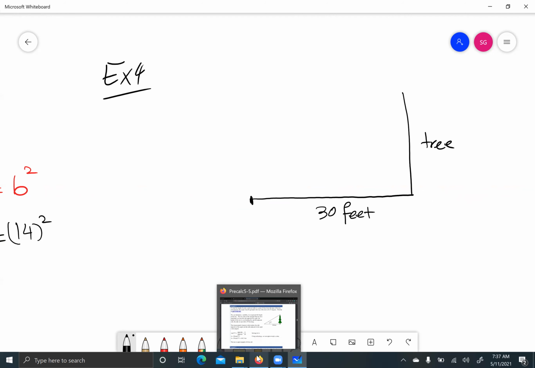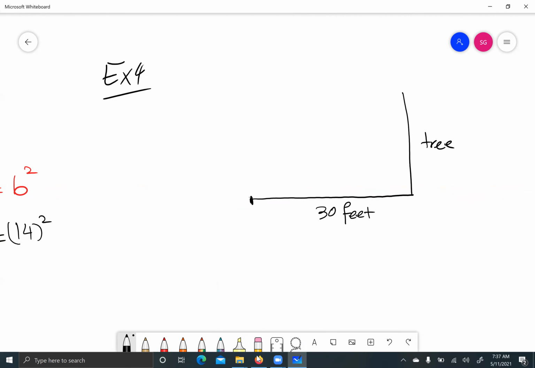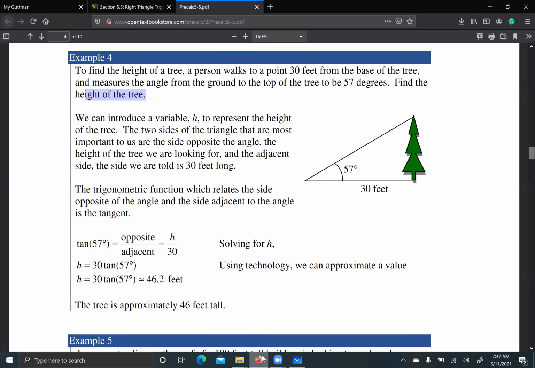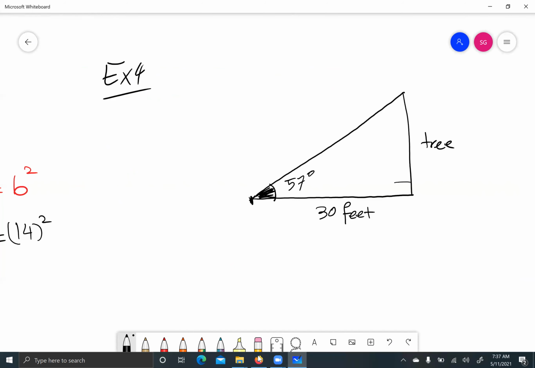Then the person measures the angle that the tree makes with the ground, and sees that this is 57 degrees. In this way, we end up with a right triangle. You see that?